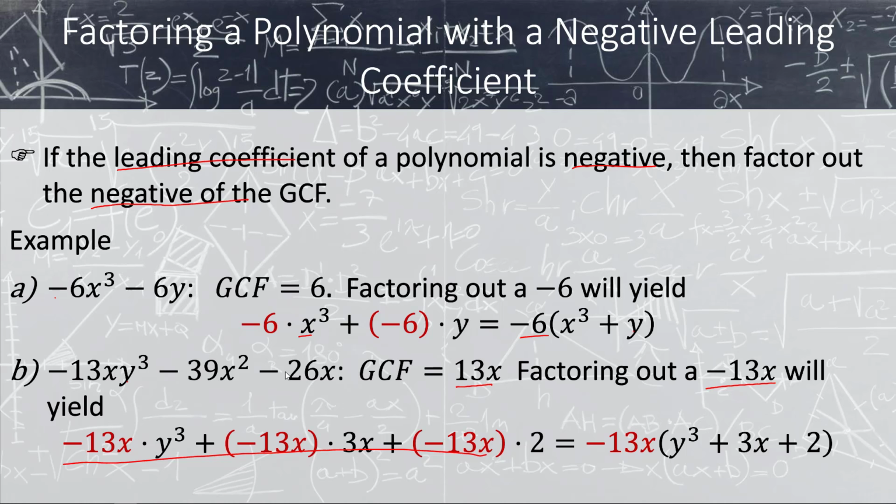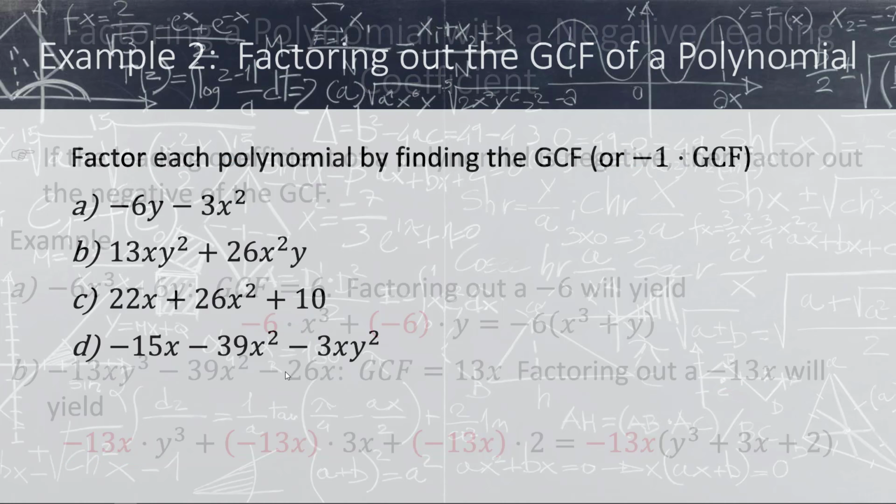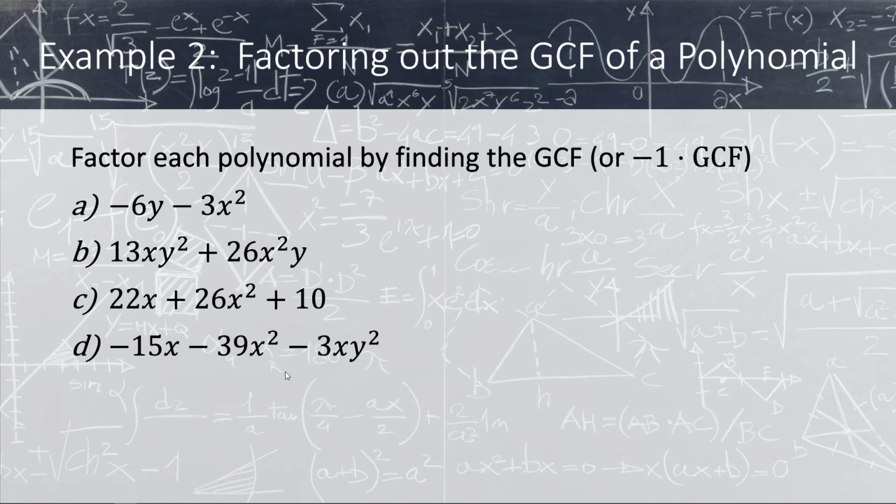And now it is time to do examples. Here is the first one. Here we have negative 6y minus 3x. The greatest common factor is 3, so we want to work with negative 3.